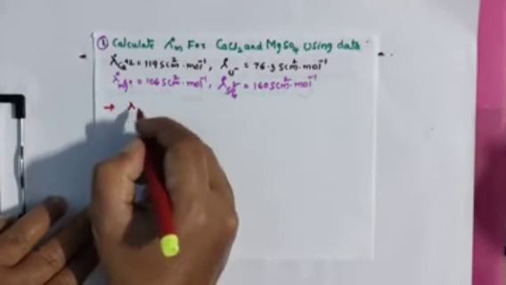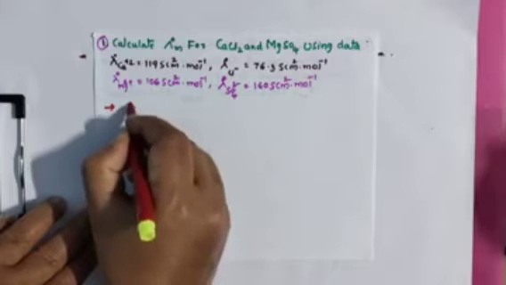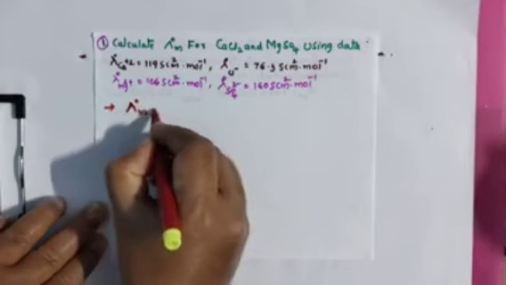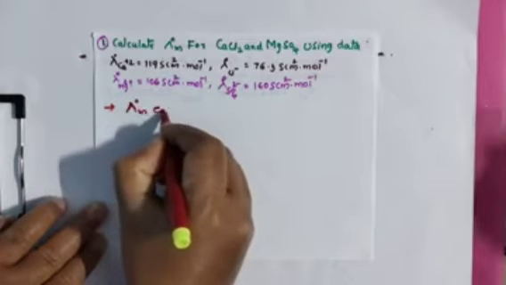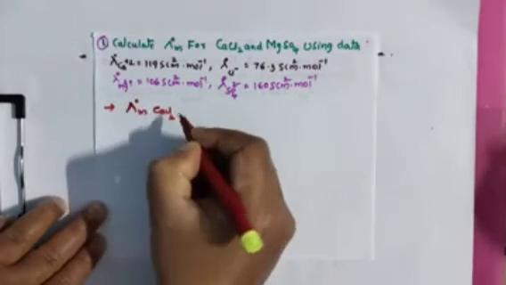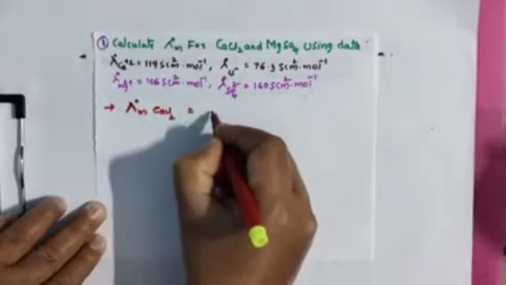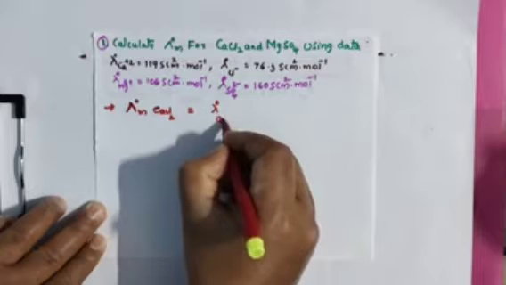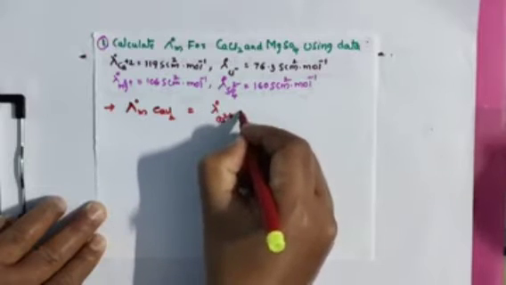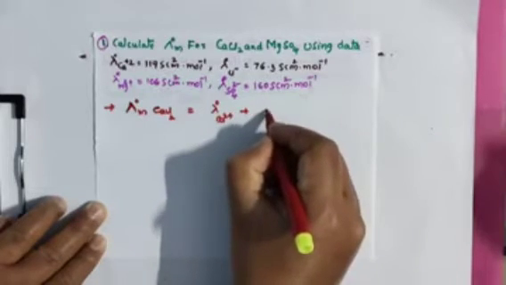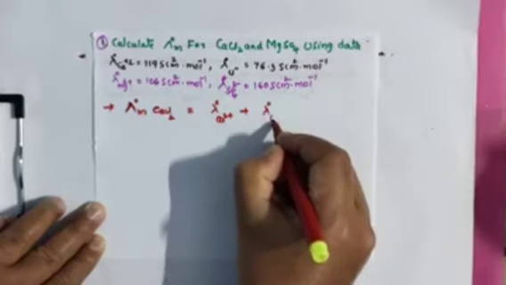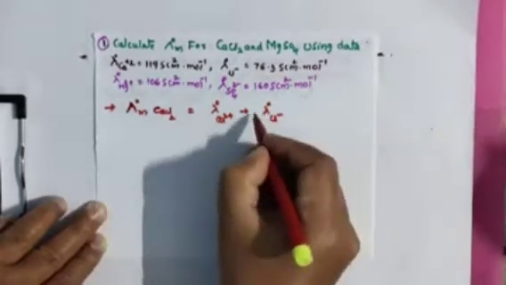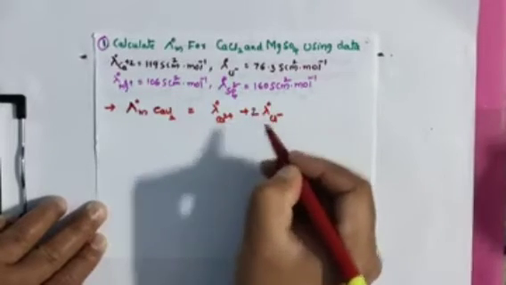So directly I am going to calculate Λm⁰ of calcium chloride equal to Λ⁰ of calcium 2 plus plus Λ⁰ of chloride minus. In calcium chloride, 2 chlorines are there, that's why we have to write 2.